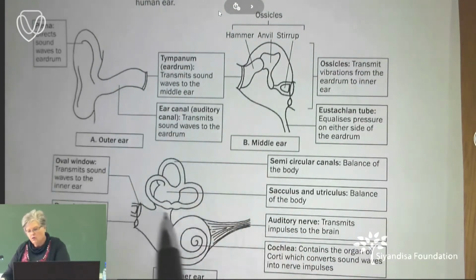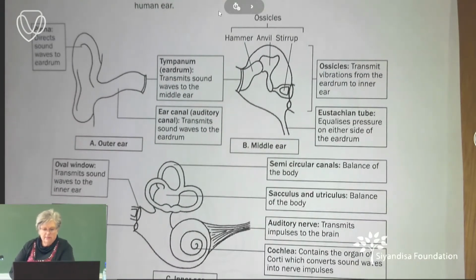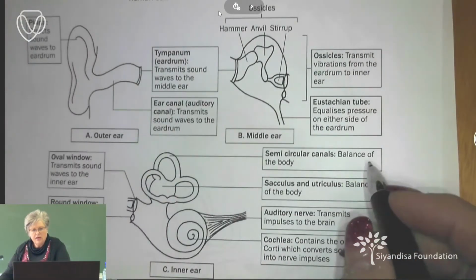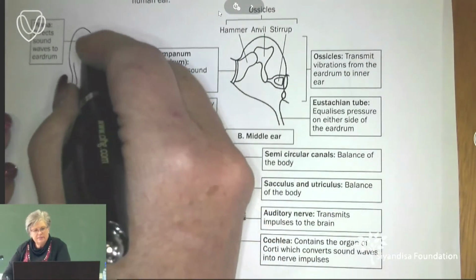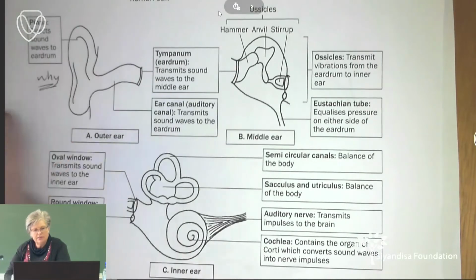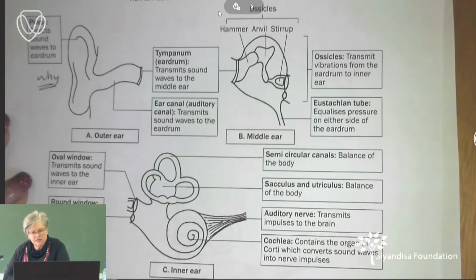So anything on this is level A and B questions. Anything that examiners ask is a total recall of content. But if they ask you, why is the pinna big? And why does it have its specific shape?